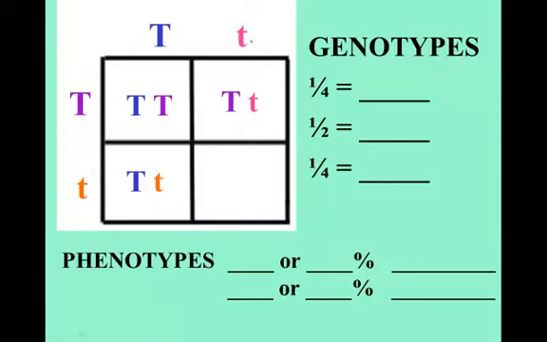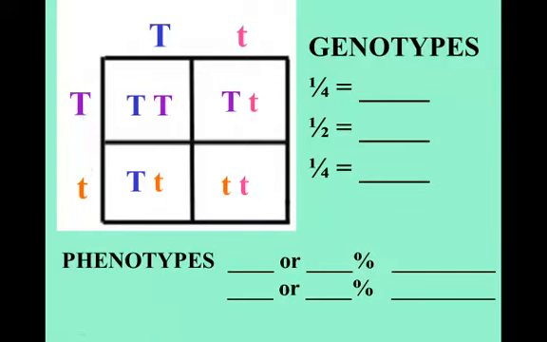Or if this parent gives little t and that parent gives little t, I could get a 2 recessive combination, little t, little t. So now look at my offspring. They're not all the same, right? I could look and count and see what's the probability of getting this one, what's the probability of getting this one by counting offspring in my boxes.